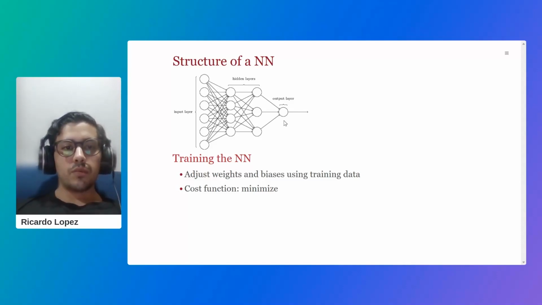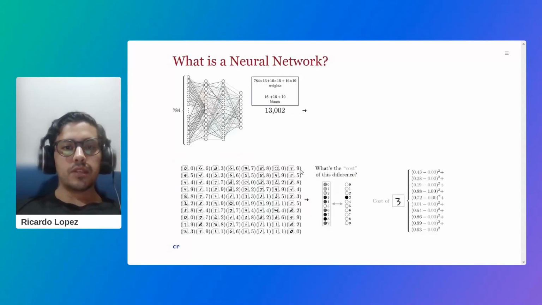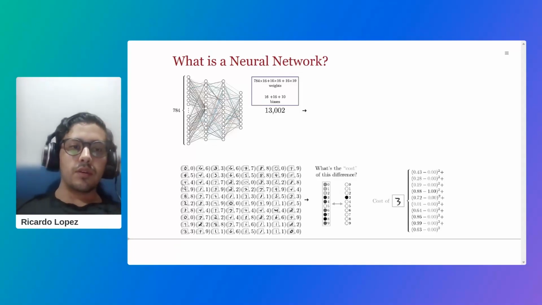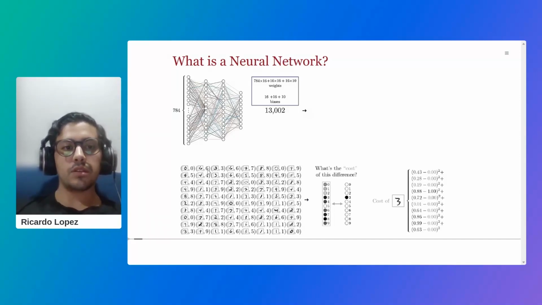So, for instance, let's take the example of trying to identify handwritten digits. If you look down below, you could see that we have an image and the corresponding handwritten digit that we want to classify.